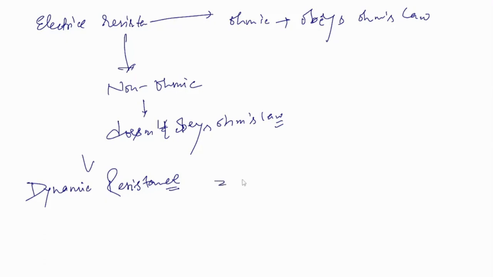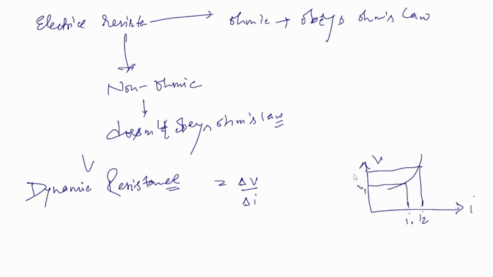Means this is delta V by delta I. If this is your V and this is your I, and the variation is somewhat like this, this is I1, this is I2, this is V1, this is V2. Dynamic resistance will be delta V by delta I, which is V2 minus V1 upon I2 minus I1.